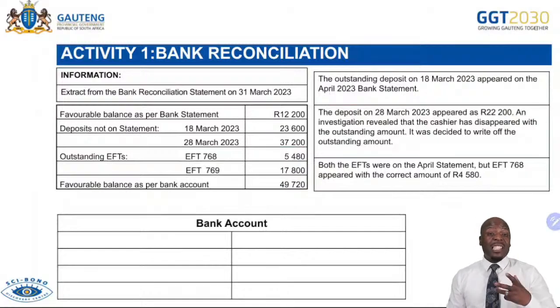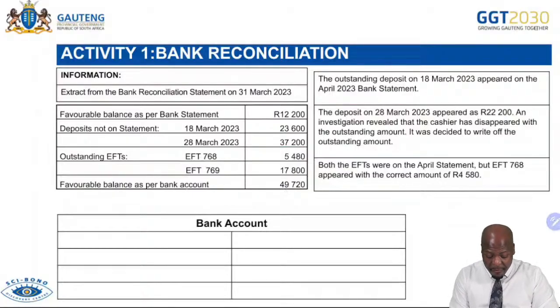All right, so there are several ways in which one can do this. I'm just going to open a bank account, and then I'm going to take the amount that we have here. Here we know that we have a favorable balance as per bank account, which is 49,720.